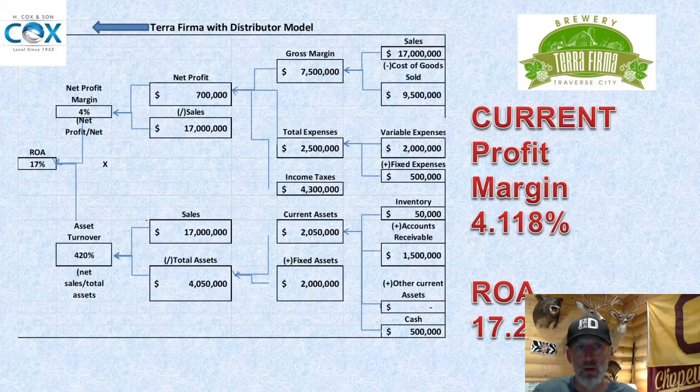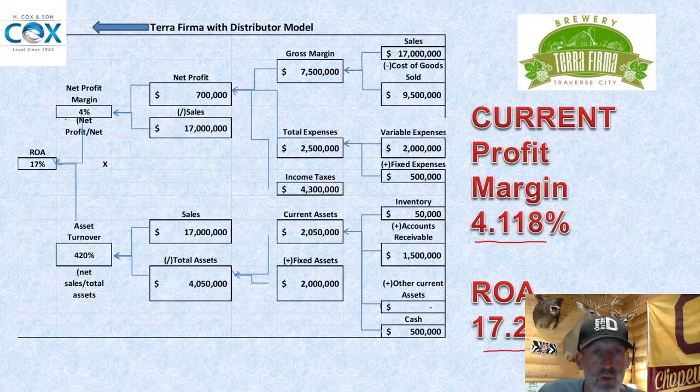All right, so the exercise you're going to work on, I first give you Terra Firma with a distributor model. In other words, when you look at their net profit margin, it is 4.118%, and their return on assets is 17.28%. That's calculated over on the far left here. The calculations all come from right to left.